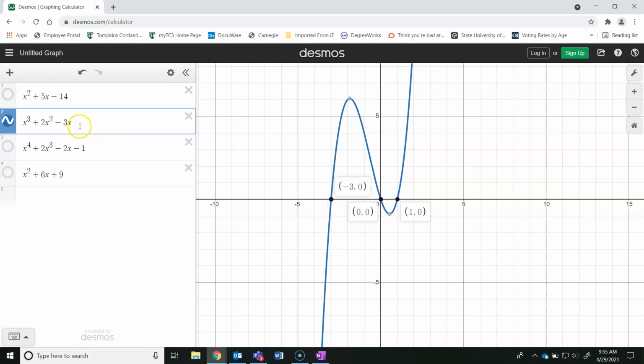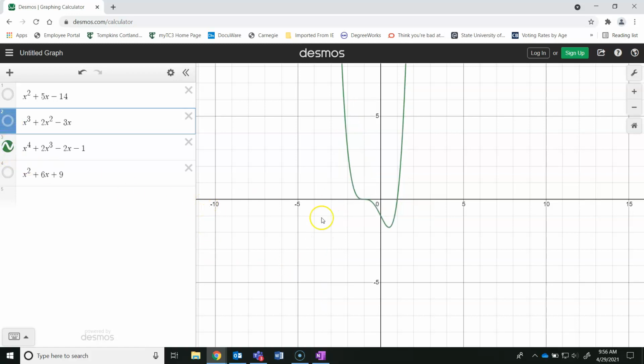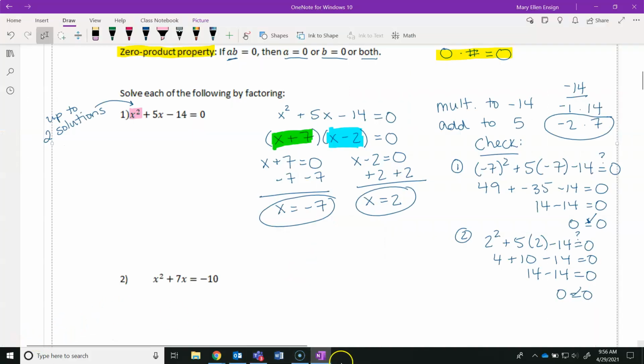If I took this equation and solved it, I would get that my answers were -3, 0, and 1. Okay, x to the fourth. This isn't a great example, but it looks like a W. It can, depending on how curved this part is here, cross in as many as 4 places. Okay.